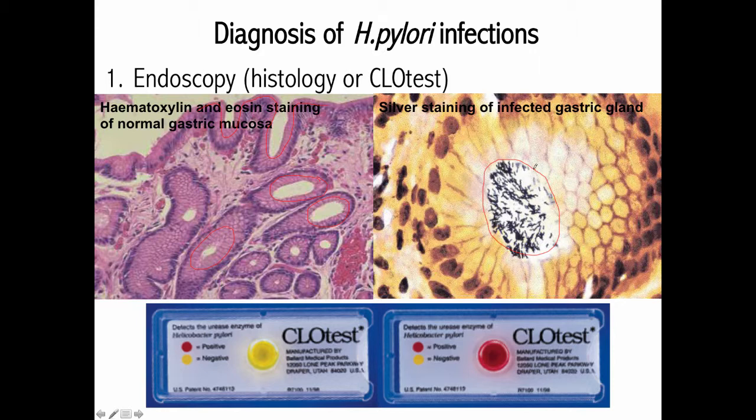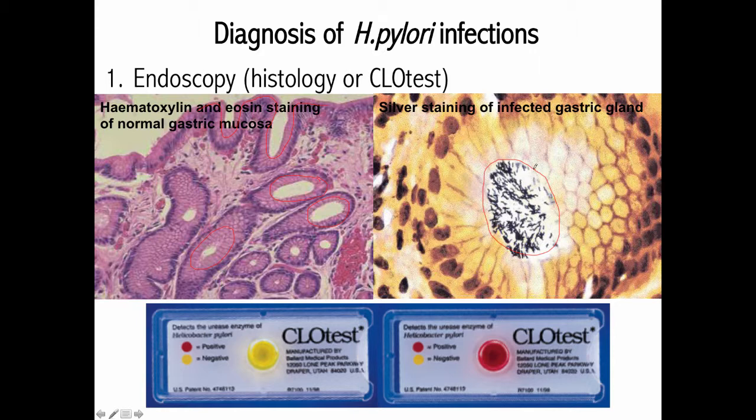And so we obtain the sample by endoscopy, and then a small amount of tissue is used in the Clow test, and if the test is positive, like it is here on the right, then the pH change that's caused by the urease producing bicarbonate and ammonia turns the little dot in the middle there red, and if it's negative, we get the yellow dot, which is on the left, and so that's basically a pH-based test.